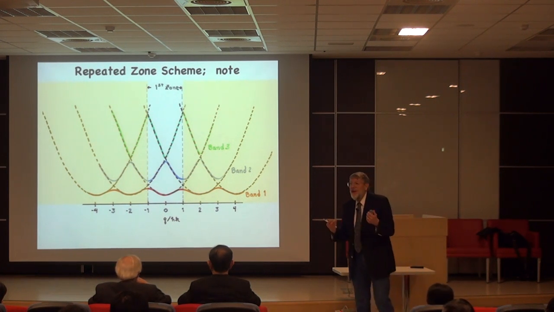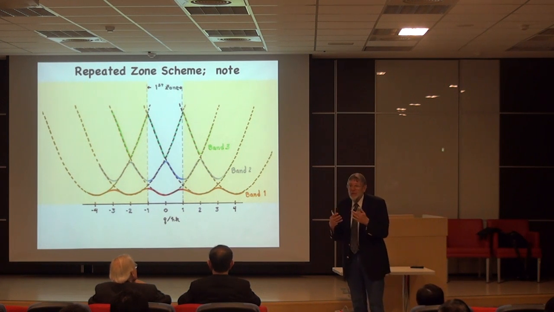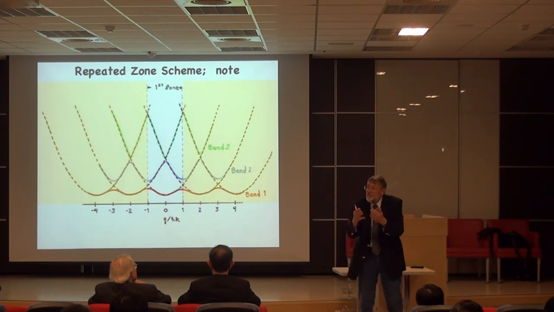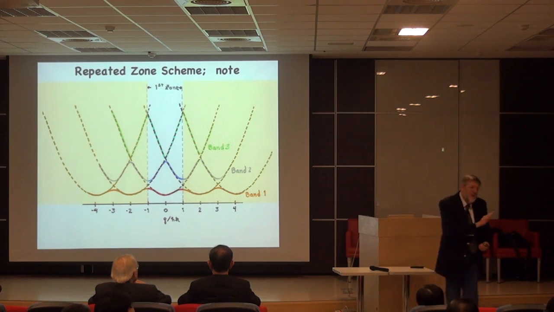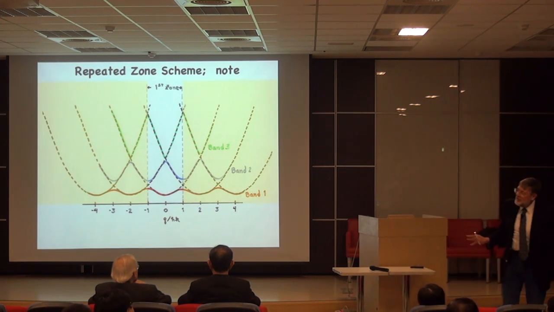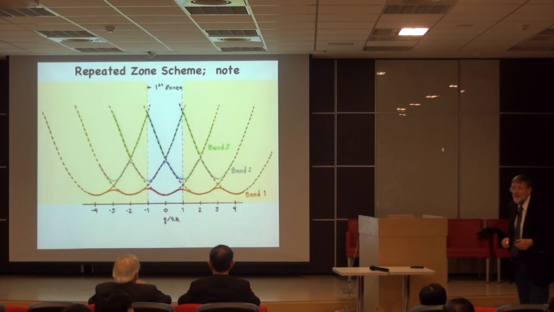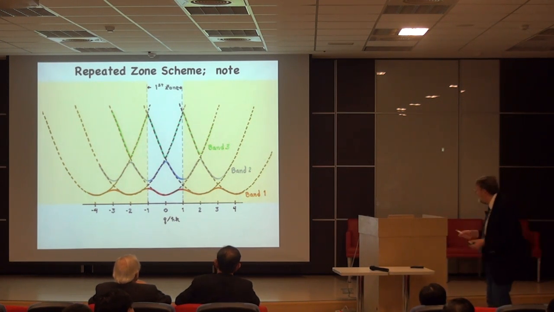And it turns out it doesn't matter how complicated your arrangement of laser beams is, it will make a crystal, a lattice, whose reciprocal lattice vectors correspond to the differences between the momentum of the laser beams. So just figure out any lattice you want, figure out what its reciprocal lattice vectors are, and then put the laser beams so that their differences correspond to that, and you'll get that lattice.